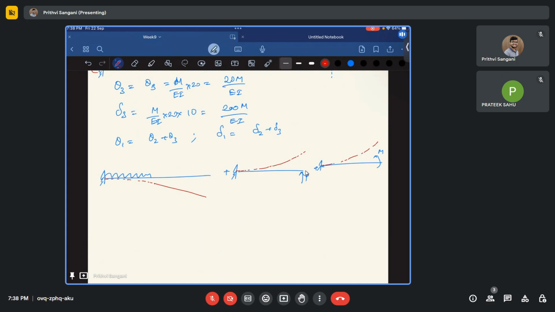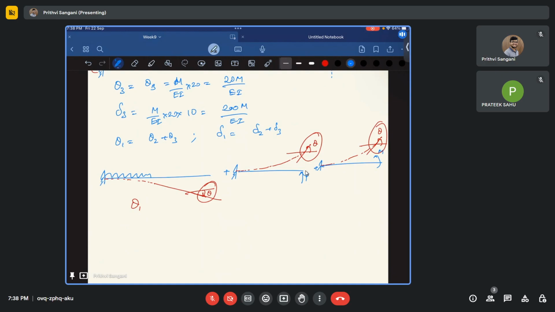So what is my theta? This is my theta, this is my theta, and this is my theta. Theta 1 is clockwise, here it is anti-clockwise, and here it is anti-clockwise. That is the reason why I'm taking theta 1 equal to theta 2 plus theta 3.